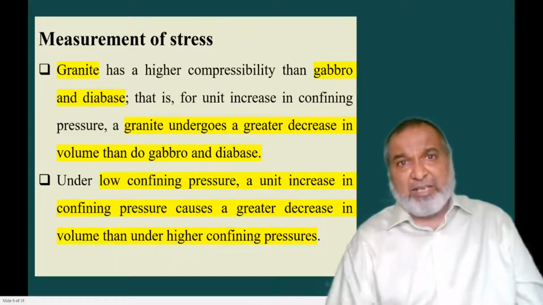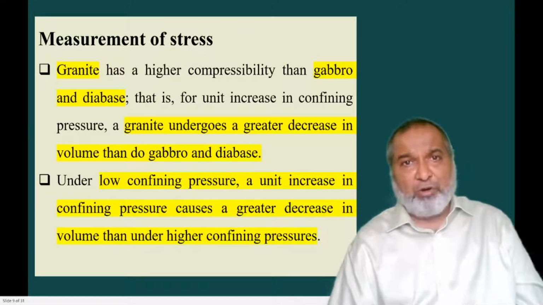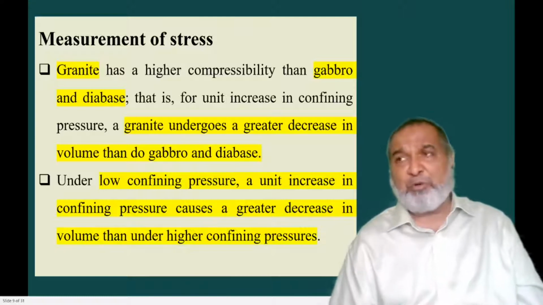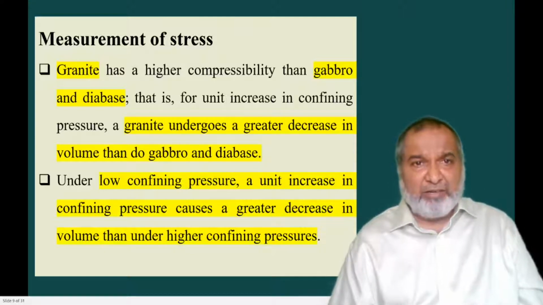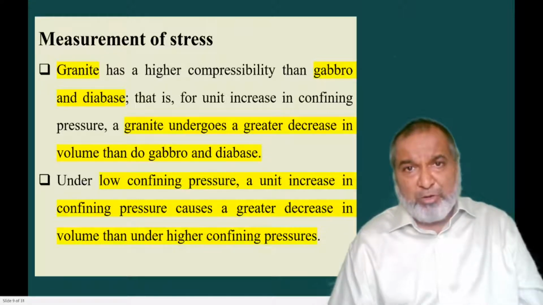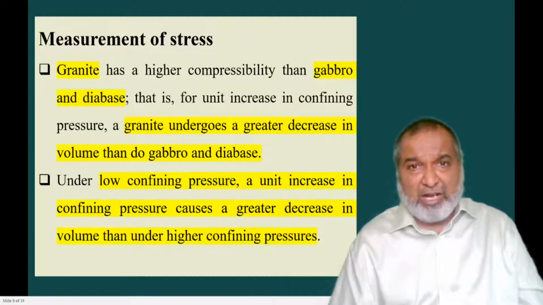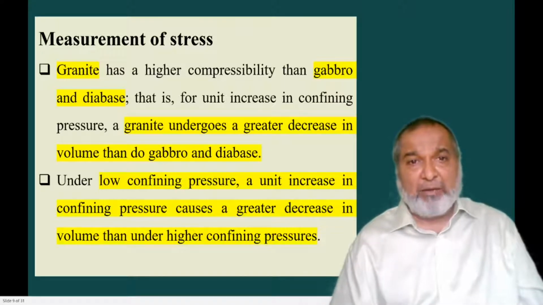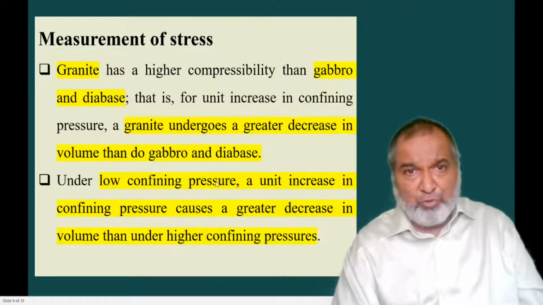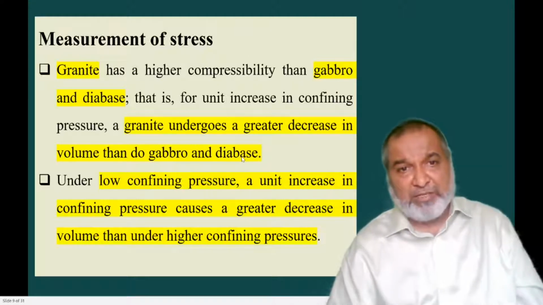Granite we take as an example because granite is a very strong rock compared to gabbro and diabase. It is highly compressible compared to gabbro and diabase. For a unit increase in confining pressure, granite undergoes a greater decrease in volume than gabbro and diabase.